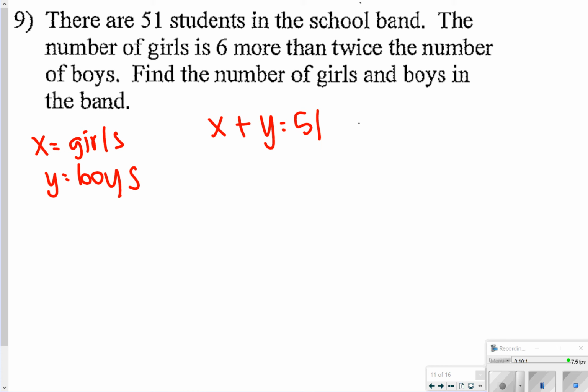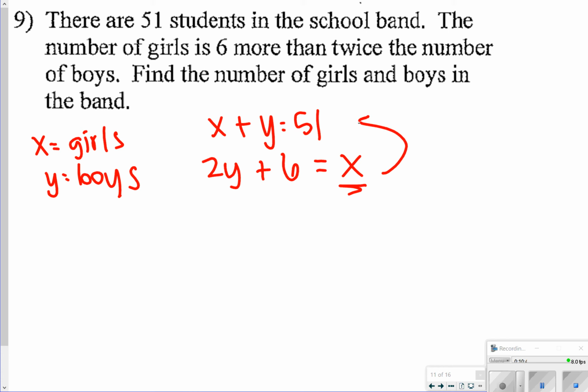First off, maybe I can write X plus Y would be equal to 51. But then it says the number of girls is 6 more than twice the number of boys. So maybe we can do 2Y plus 6, twice the number of boys plus 6, would be equal to X for girls. Now that I have these two equations, I'm going to do substitution since I already have X by itself.